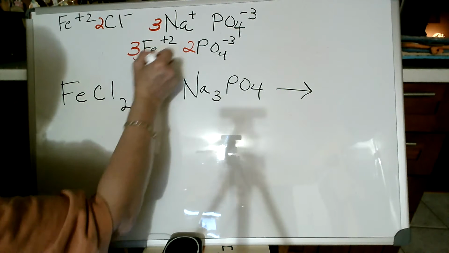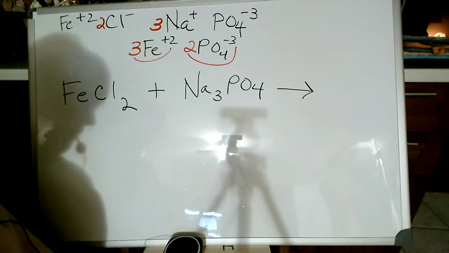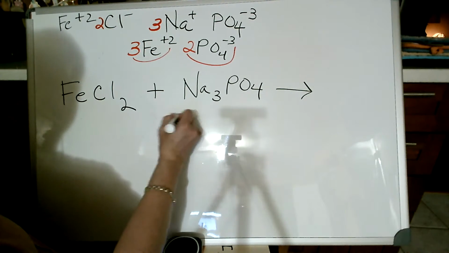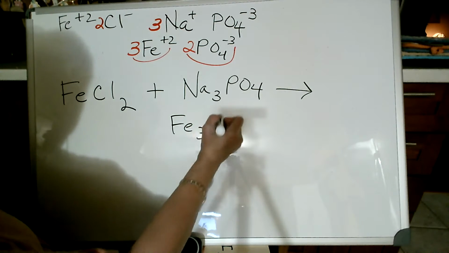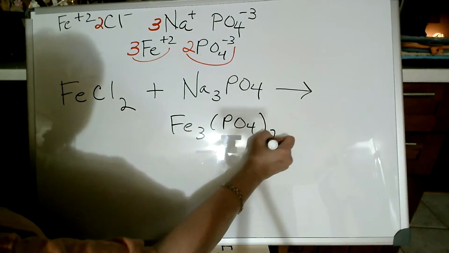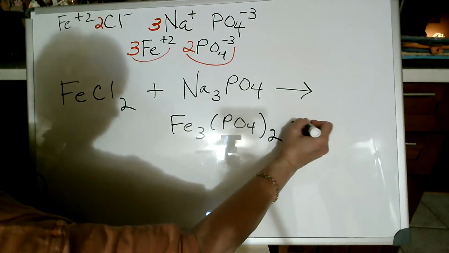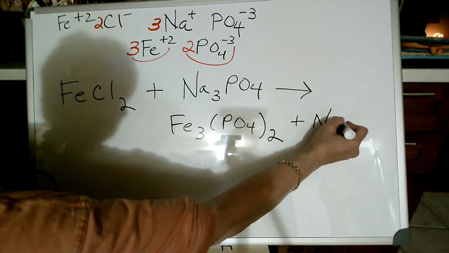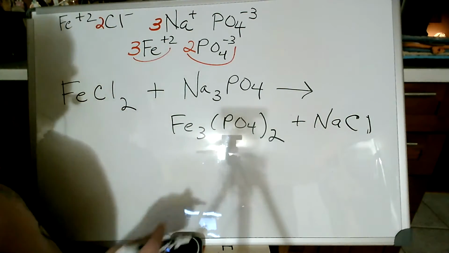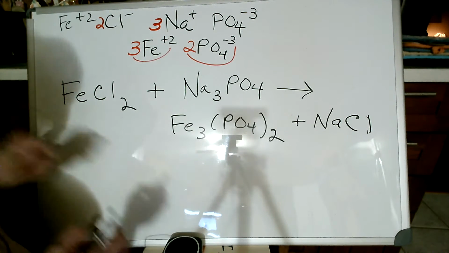So you have positive 6, -6. So your formula is now going to be written as Fe3 and in parentheses PO4 taken twice. And sodium chloride, everybody knows that, NaCl.